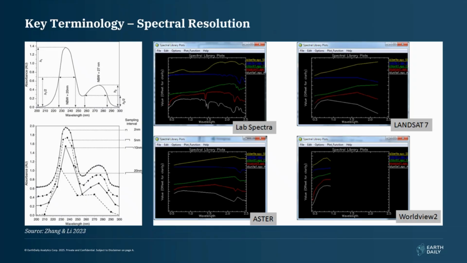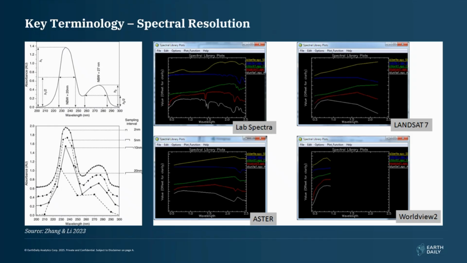But as we move to some of these different satellite sensors, these are the exact same spectral signatures, but resampled to the number of wavelengths of light, and the zones of those wavelengths collected by 4 different sensors. Landsat, ASTER, WorldView you may be familiar with.